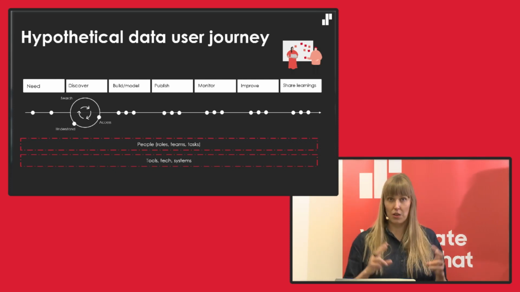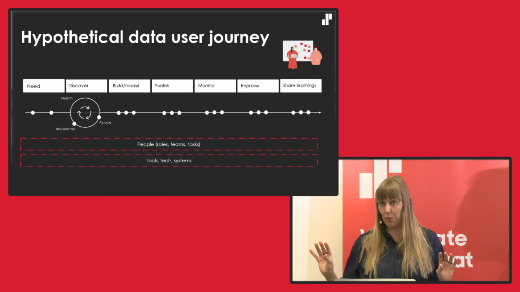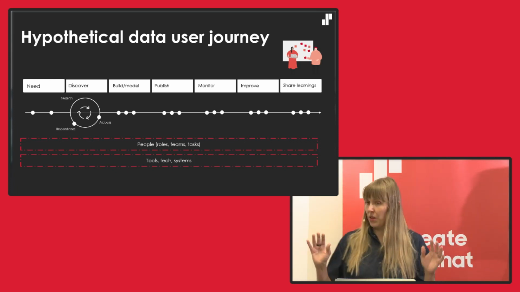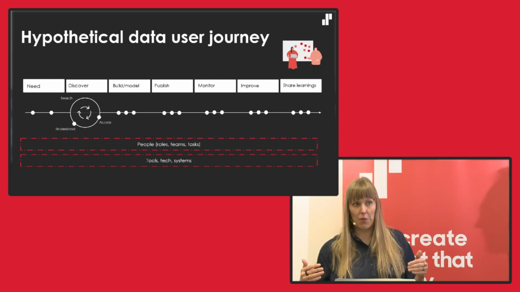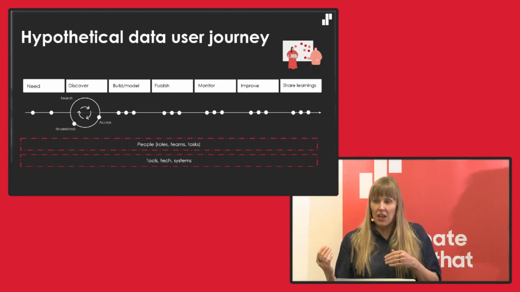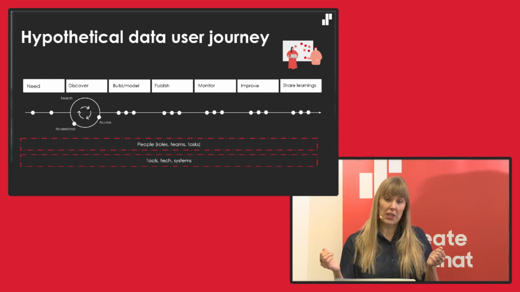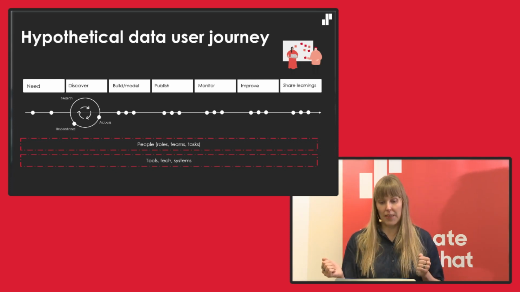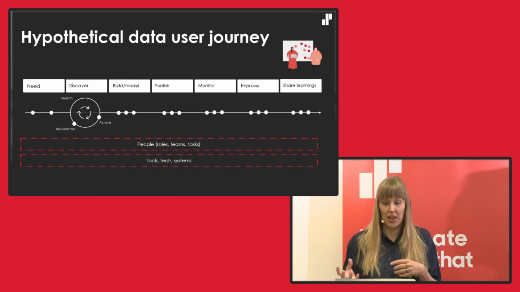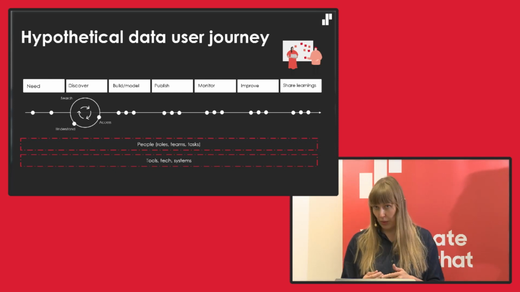Here I had at the end shared learnings, because at one point there would probably be many teams doing the same. The hypothetical journey should be there, with who should be involved, what tasks they would do, and what your ideal future process would be for your organizations and teams, that they would be more agile, decentralized, product-driven in building and consuming the data products.